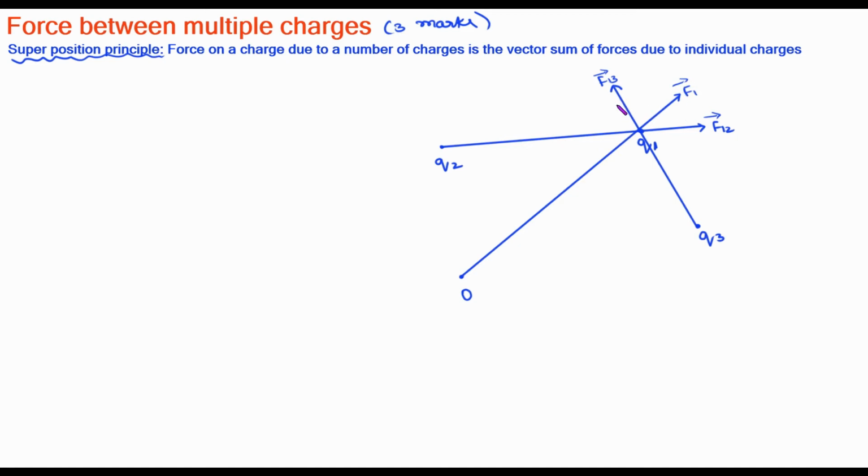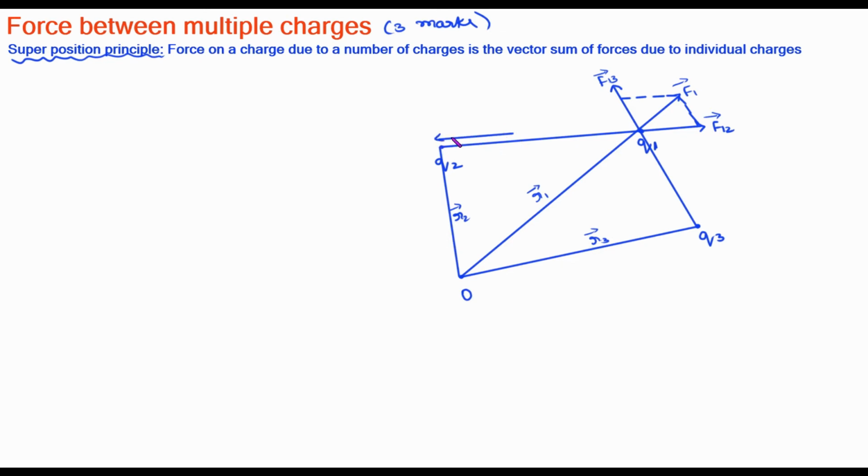These forces are actually vectors, so we have to use the parallelogram law of vector addition. This is F13, this is F12, this is F1. From O to Q2 the position vector is R2. From O to Q3 the position vector is R3. From O to Q1 the position vector is R1.